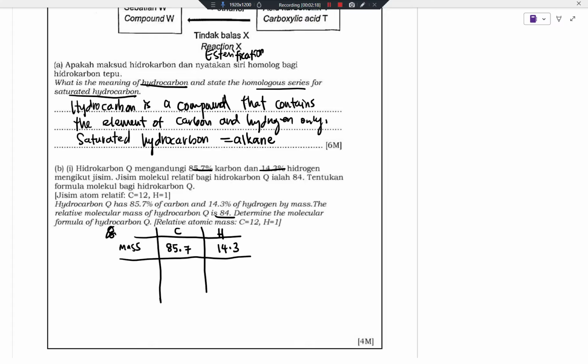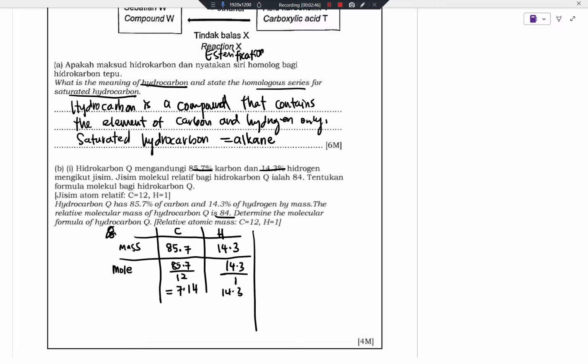Okay, and then we get the mole by dividing with RMM. So this should be 85.7 divided by 12, which is 7.14, and 14.3 is 14.3.